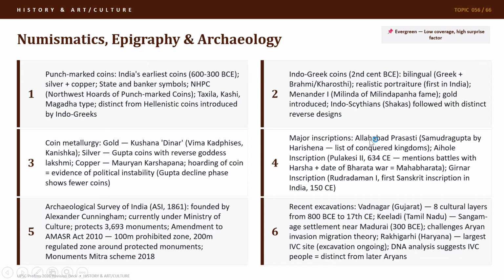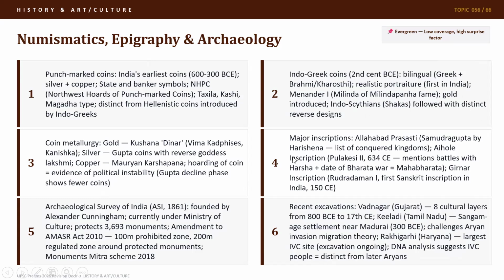Major inscriptions, we have the Allahabad Prashasti on Samudragupta by his minister Harishena, which gives a list of conquered kingdoms, and hence he is also called the Napoleon of India. We also have the Aihole inscription for Pulakeshin II of 634 CE, which mentions battles with Harsha. So Harshvardhana, we read about him during the late ancient period.